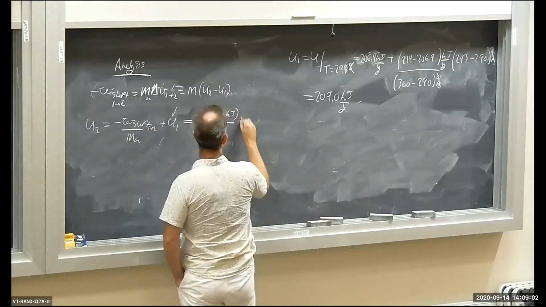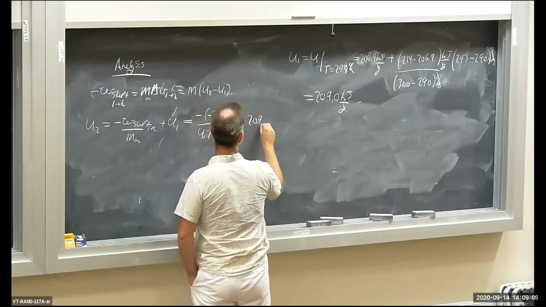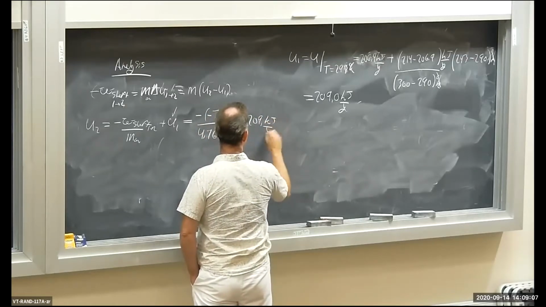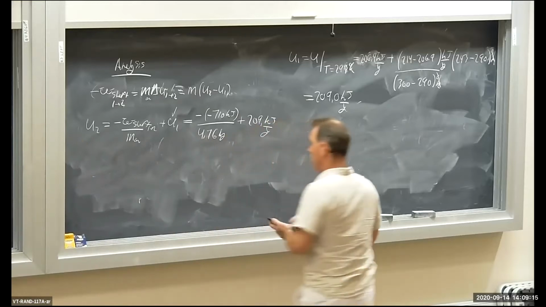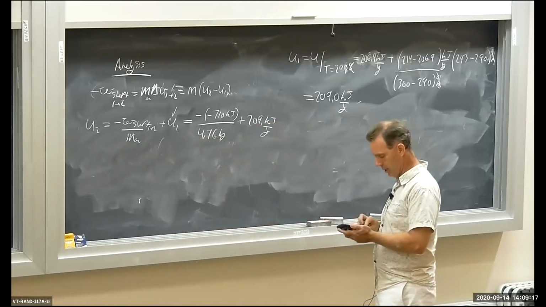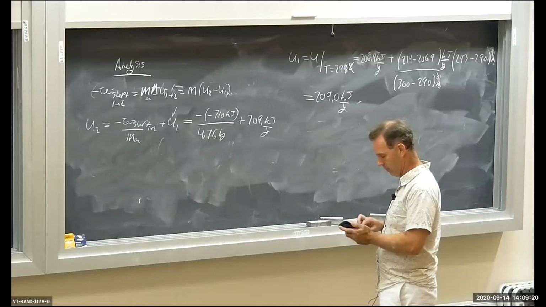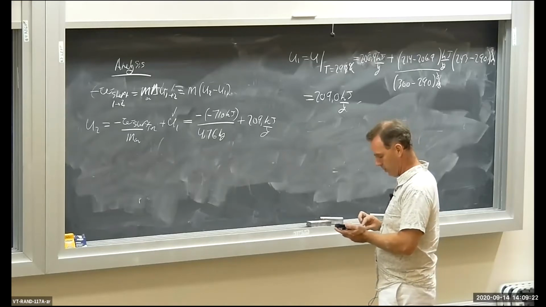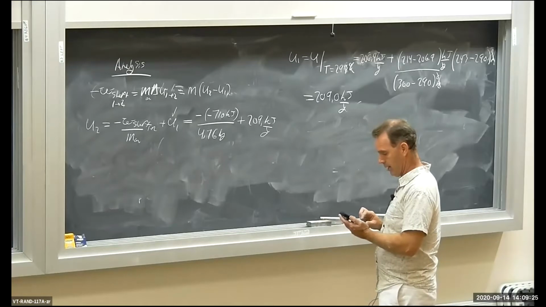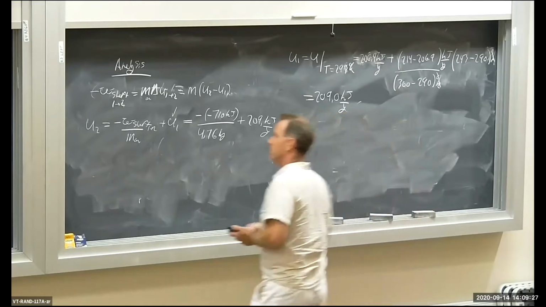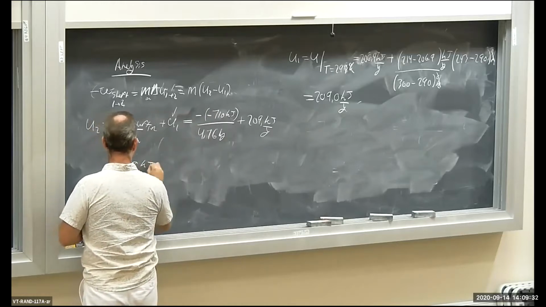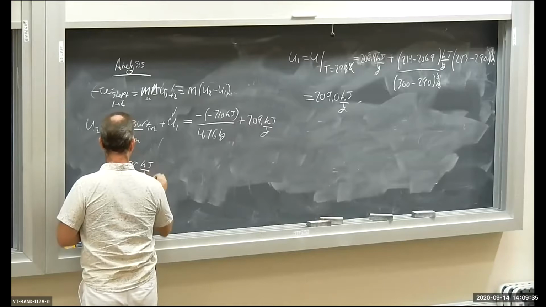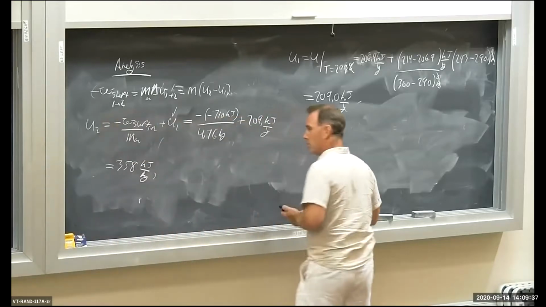Okay, and then I have plus 209 kilojoules per kilogram. 710 divided by 4.76 plus 209 gives me 358 kilojoules per kilogram.